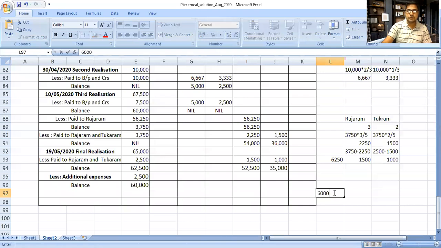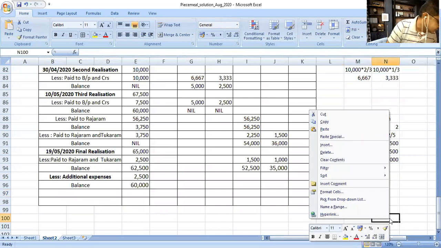So 60,000 into the profit sharing ratio of 3 is to 2 is to 1. You know that this is the profit sharing ratio.